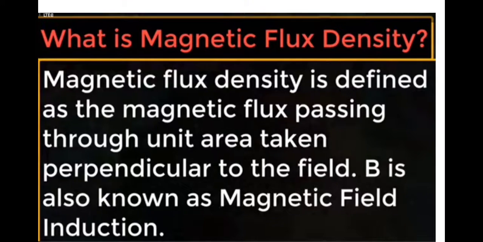Next, we move on to magnetic flux. What is magnetic flux density? Magnetic flux density is defined as the magnetic flux passing through unit area taken perpendicular to the field. B is also known as magnetic field induction.